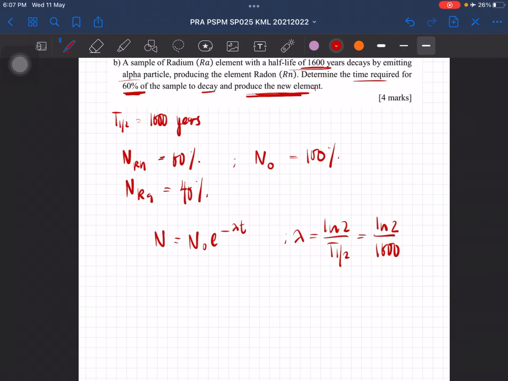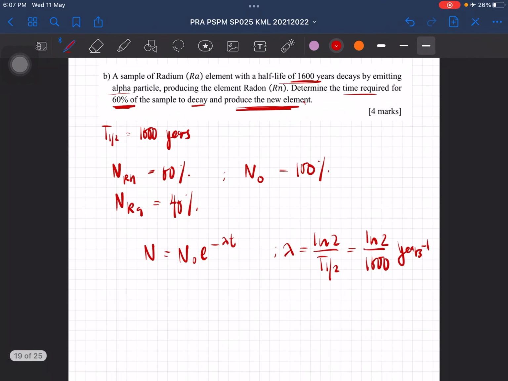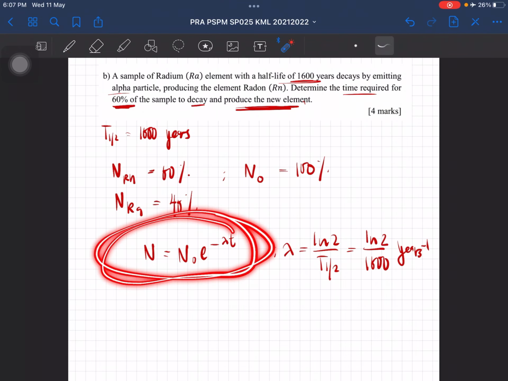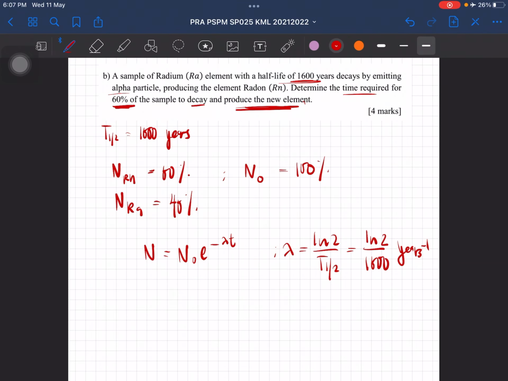In years, okay? Because it does not ask for it in seconds or days or so, it says. So we are just going to stick with years. Okay, so this is the equation for remaining nuclei. So we are going to use this one. So N left is 40%. Okay, so this is 40, and then the original is 100.